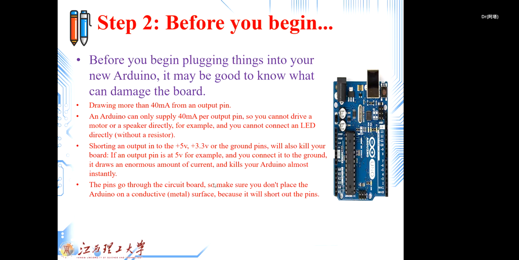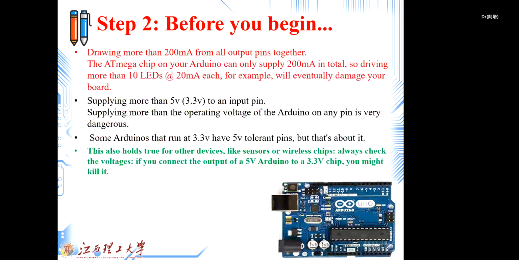And also, because the other sides of the Arduino pins are exposed, never try to use this board on a conductive plate, or the table. If your table is made of metal, never put it there, because all the pins will then be shorted together.